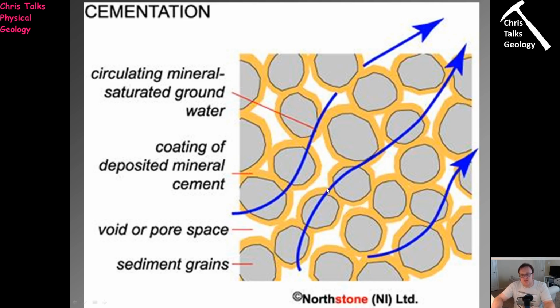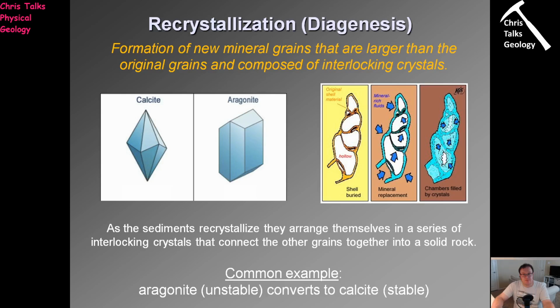So typically, the more cement you have, the stronger your rock will be, for obvious reasons. The more space you have in between your clasts, typically the weaker your rock will be. Okay, so cementation is actually quite a straightforward process, nothing particularly spectacular going on.